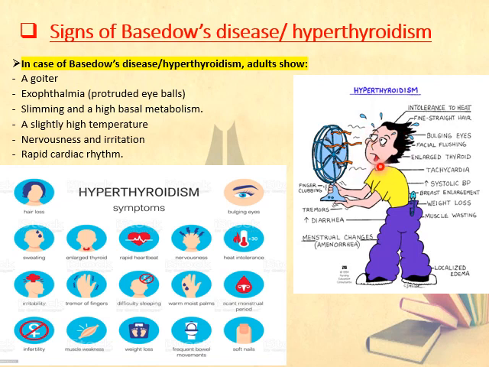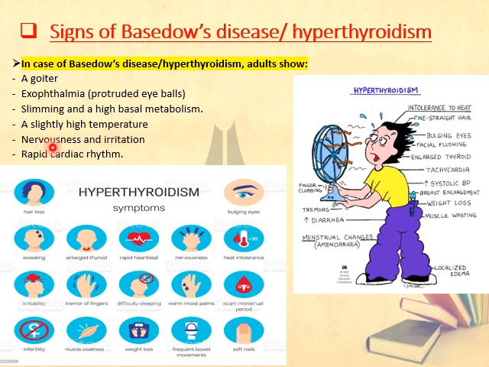Enlarged thyroid also on their neck. The thyroid will be clearly seen, enlarged. Weight loss. They will lose weight easily. Muscle weakness, edema. What else? High temperature. They will suffer from high temperature.